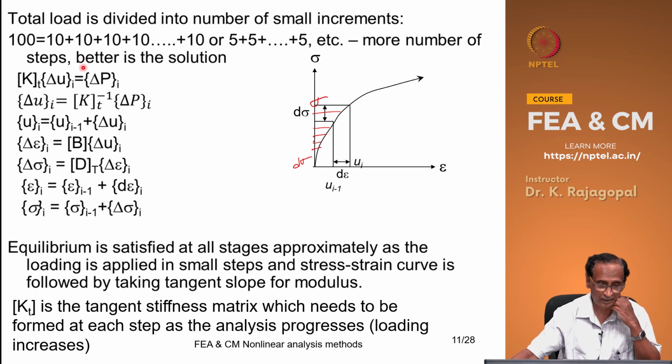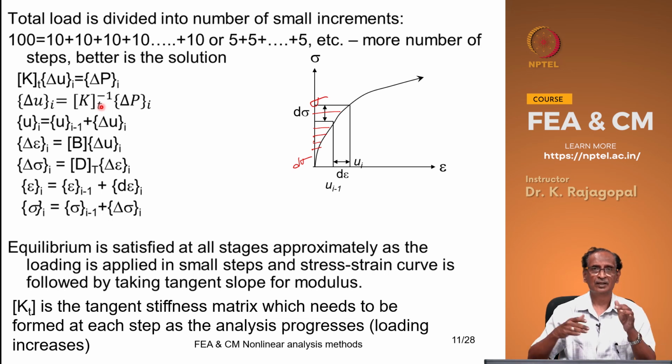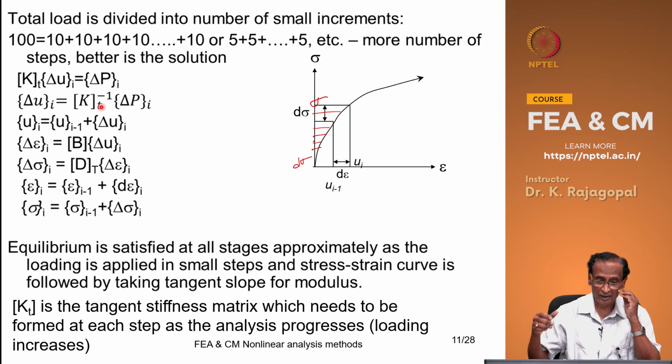In the current step, you have applied a loading of delta p, and the delta u is the displacement increment in the current step. So, delta ui is Kt inverse times delta p, where Kt is the tangent stiffness matrix that is formulated in terms of the tangent modulus.